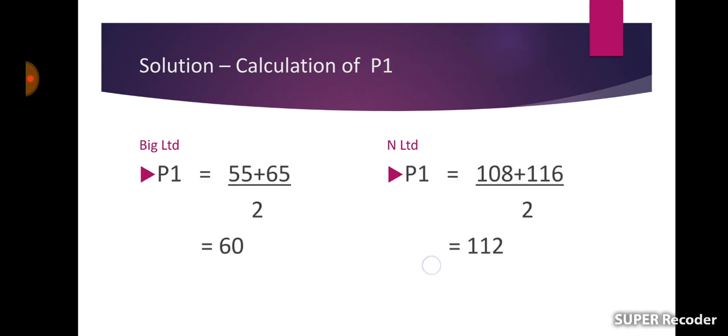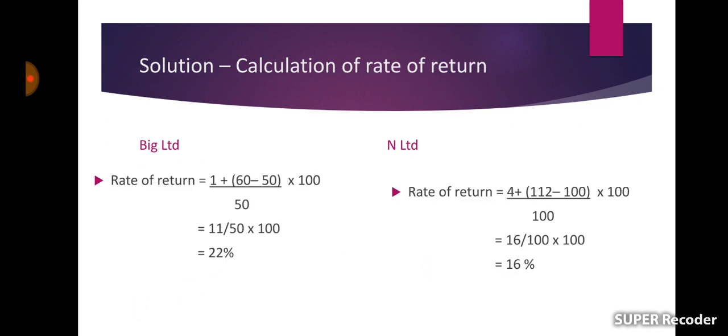Then P1 we have calculated as 60. Then P0, the current market price, is 50. So (1 + 60 - 50) / 50 x 100. Then we will get 11 / 50 x 100, that's equal to 22% as the rate of return of Big Limited.